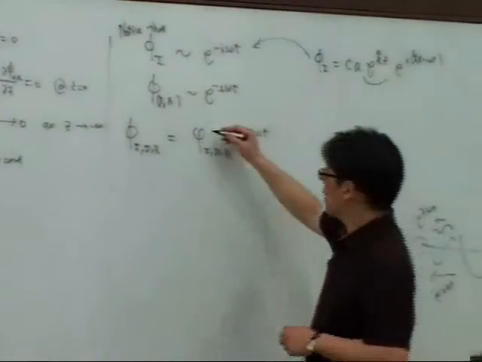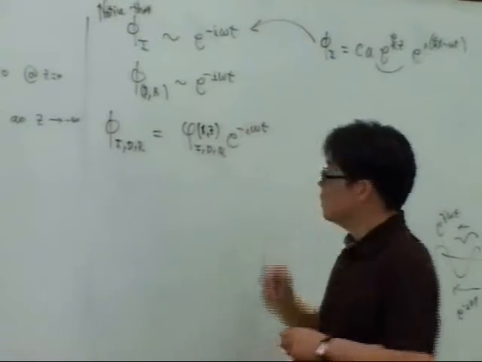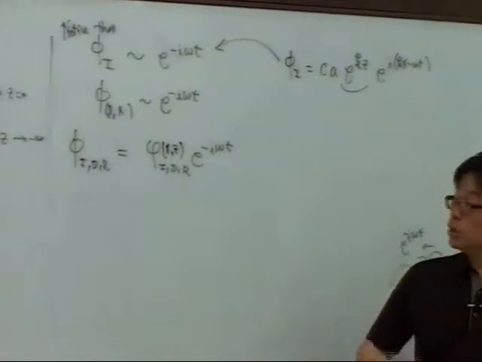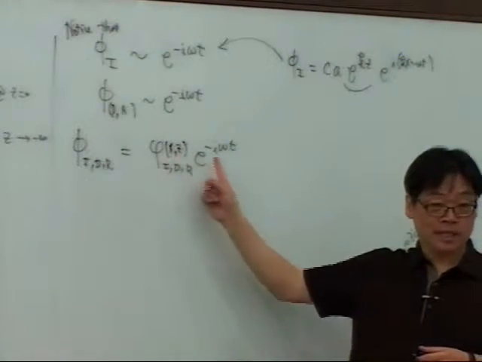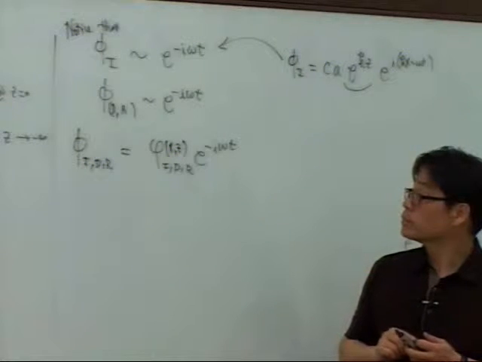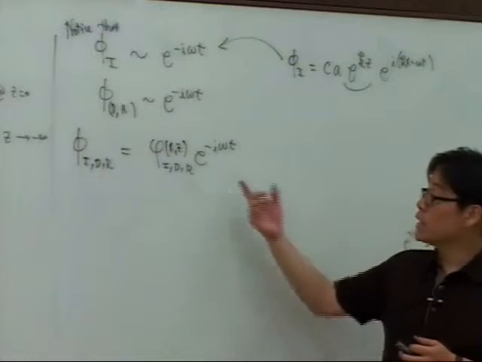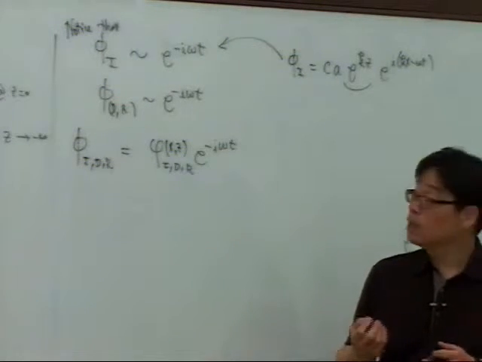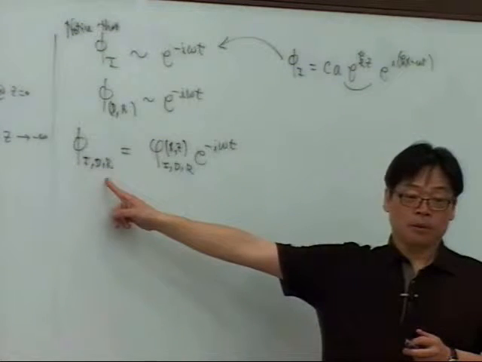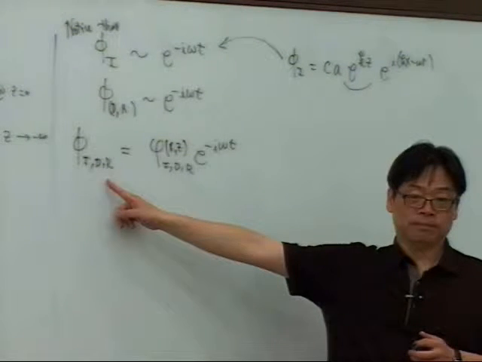And of course, this depends on x and z in a 2D problem; in a 3D problem, it will depend on x, y, and z. So basically, what I did is I pulled out the time dependency from the representation of the velocity potential.